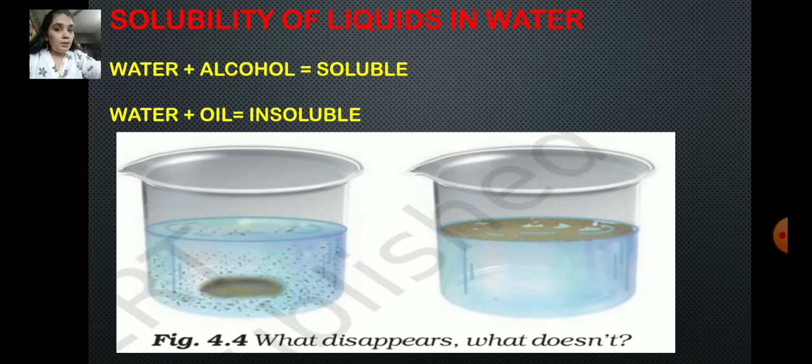So for soluble, we can take the example of sugar and salt. And insoluble, we can take the example of any solid items like pencil or stone or key, any solid items, right?